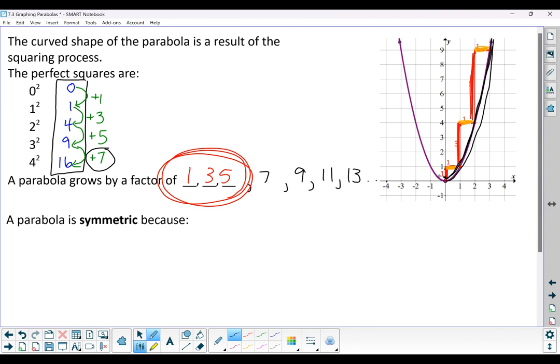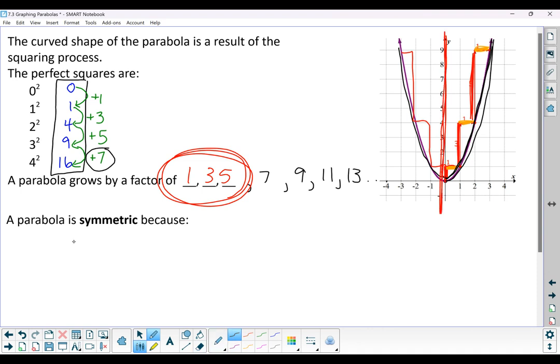A parabola has that same shape on both sides. So when we're plotting these, after we graph out that right side, we'll just go back and graph out the left side. So these shapes are symmetric. It's like a mirror image on both sides of a vertical line.